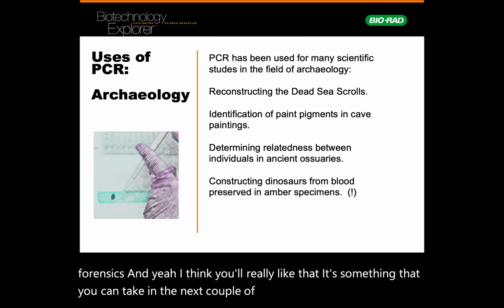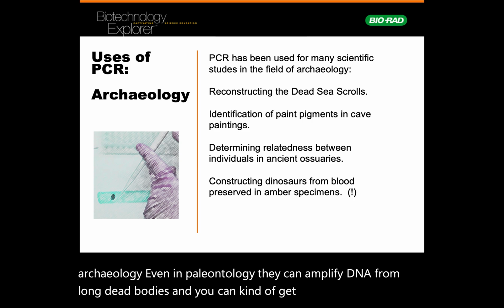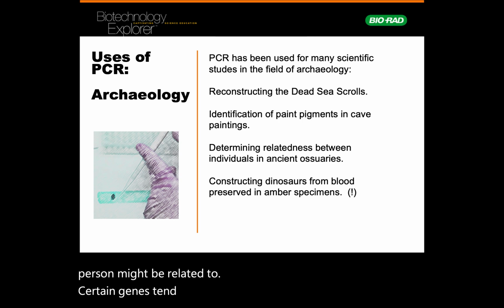Okay, it's also useful in archaeology, even in paleontology. They can amplify DNA from long dead bodies, and you can kind of get a sense of who this person might be related to. Certain genes tend to occur a little bit more frequently in certain historical populations.